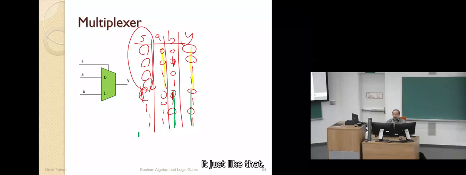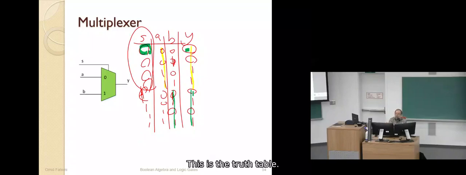It is like that: when S is 0, then we are using A. But when S is 1, then we are using B as the output. Y gets B. When S is 0, Y is the same as A. And think of this as a truth table. We have written a truth table.